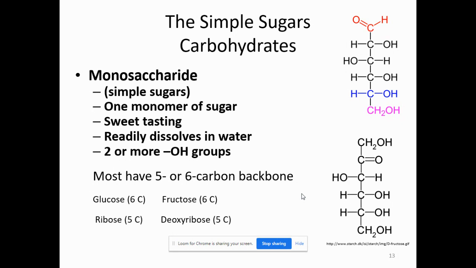So glucose is a monosaccharide. Ribose and deoxyribose, we'll talk about those sugars in a few minutes. Fructose is another monosaccharide. But look at these 4 carbohydrate molecules. In the name, what stands out as a similarity? They all end in OSE.